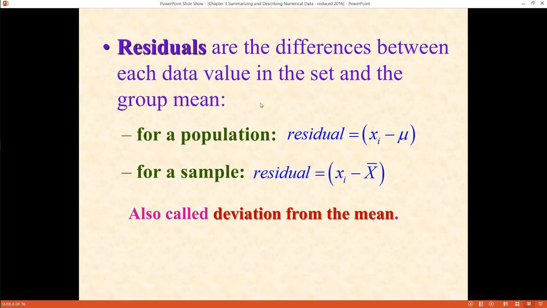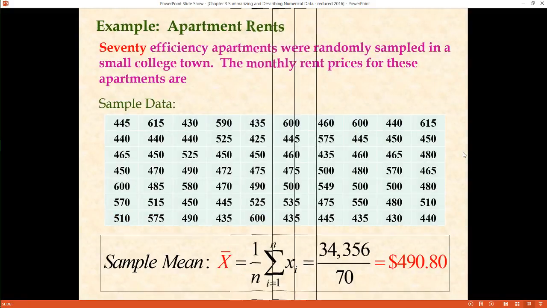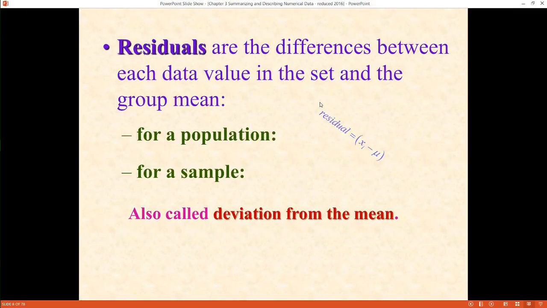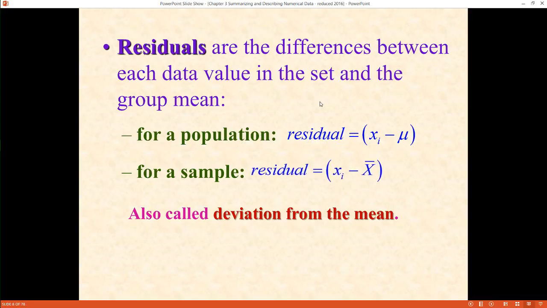So here's a useful measure that we'll use later. Once we have a mean, either a sample mean or a population mean, we'll mostly be using samples. That's why I'm using those for examples. We can calculate these residuals, also known as deviations from the mean. We'll use this a lot when we get to the inferential statistics. Okay, and all that is the distance from the mean of each observation. We can calculate its distance from the mean.